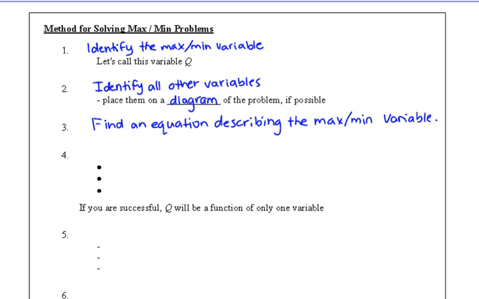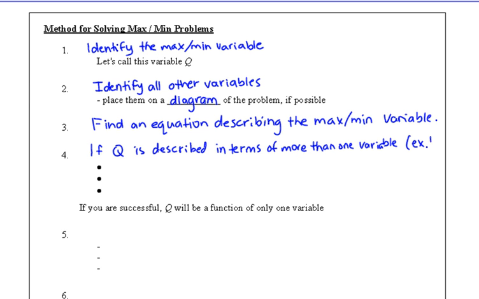Okay, if q is described in terms of more than one variable, this is very important. So if q is described in terms of more than one variable, for example, both x and y.